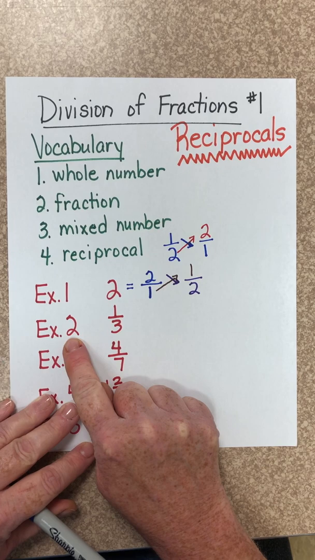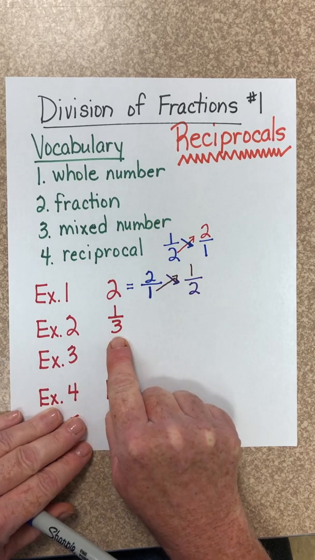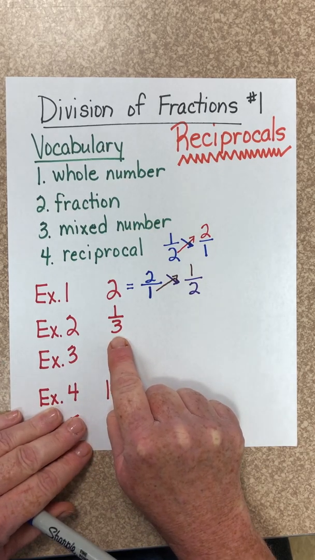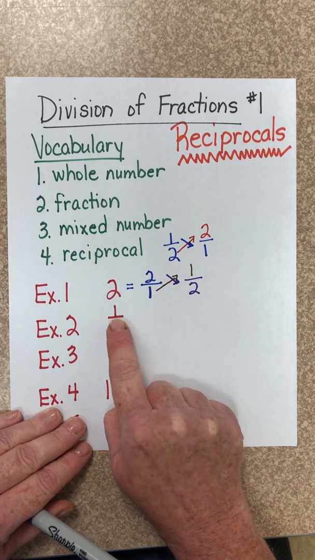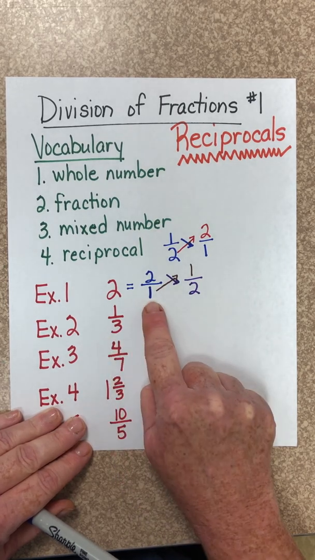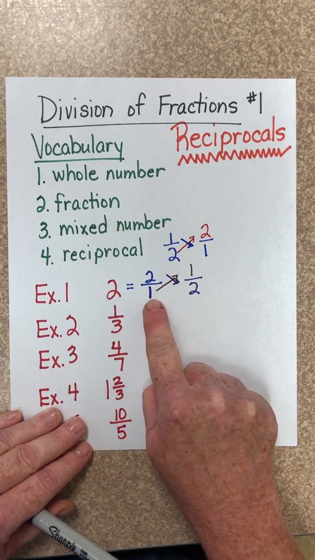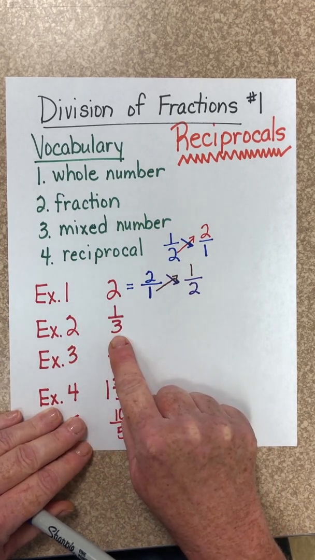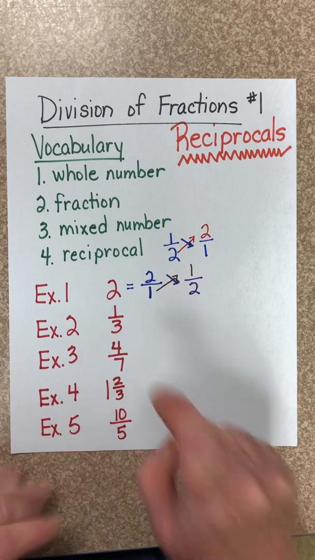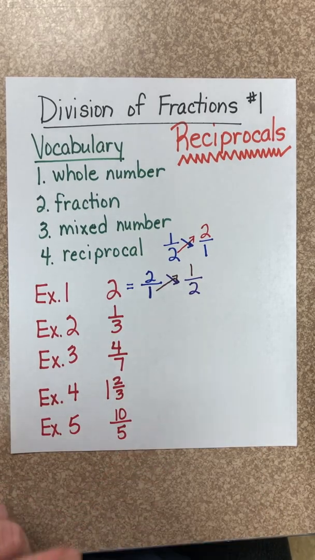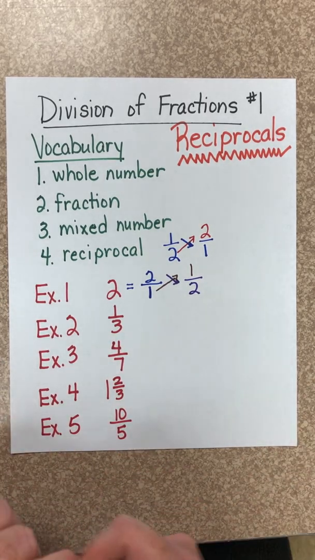Now let's look at the second example. We have 1/3. It's a fraction, it's a unit fraction, it is a proper fraction. Notice it's already a fraction, so I don't have to do what I did for example number 1 and put a 1 under it. It's already a fraction. So when you already have a fraction, all you have to do then is flip it.